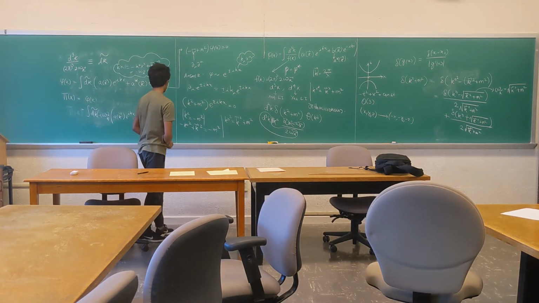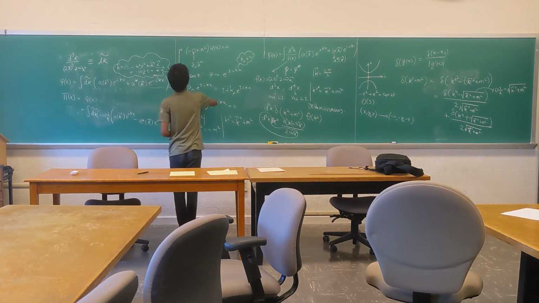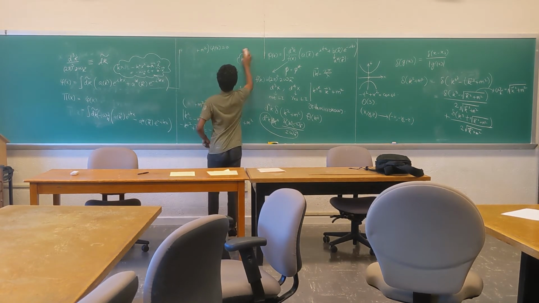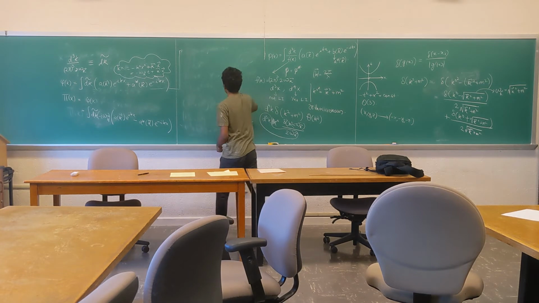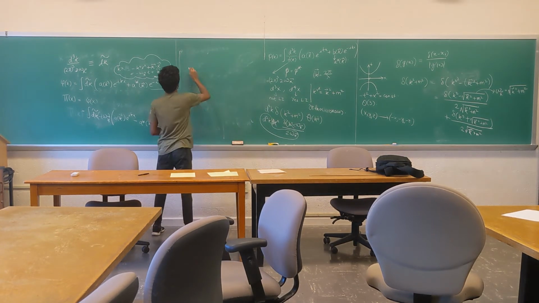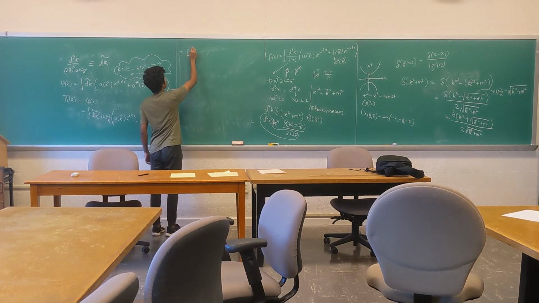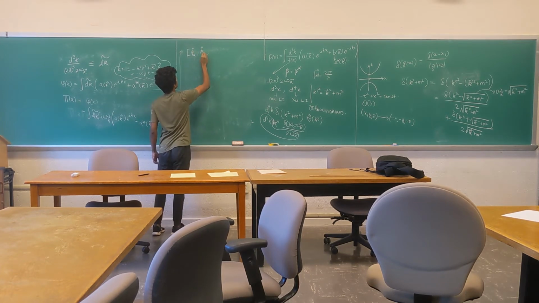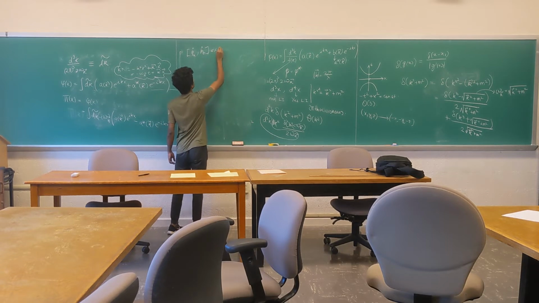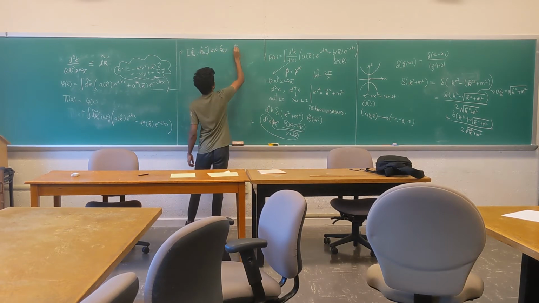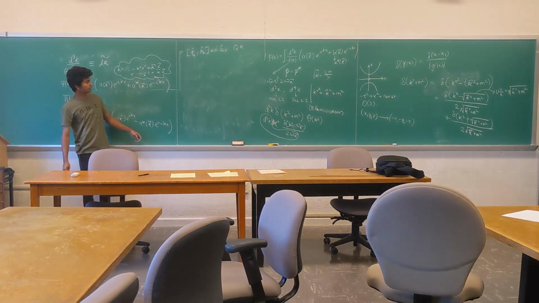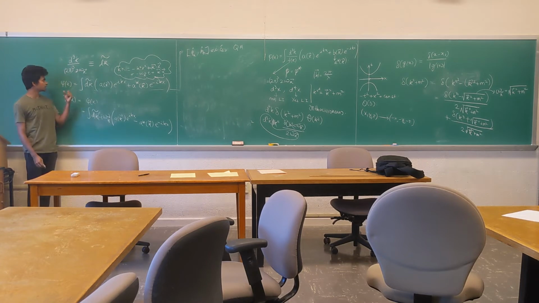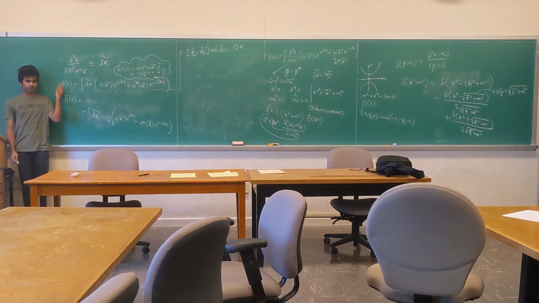Now we quantize the theory by imposing canonical commutation relations. So if you remember, we had the commutator of q_a and p_b. This was in quantum mechanics. We do the same thing here by imposing a commutation relation between the coordinate, which is the field, and the canonically conjugate momentum.